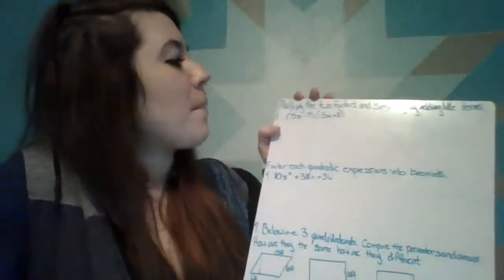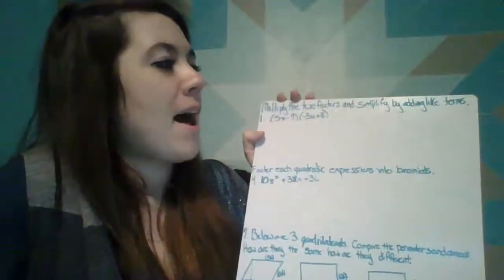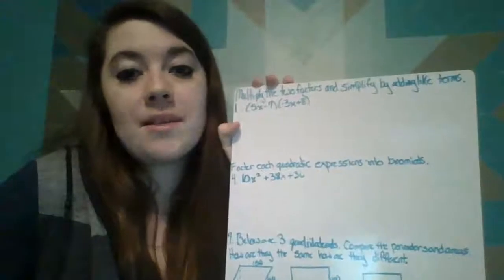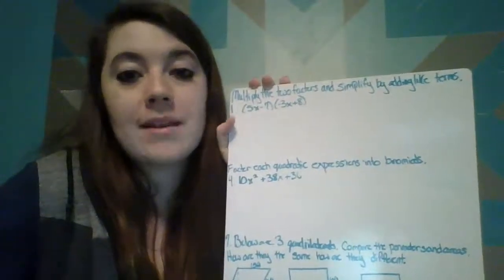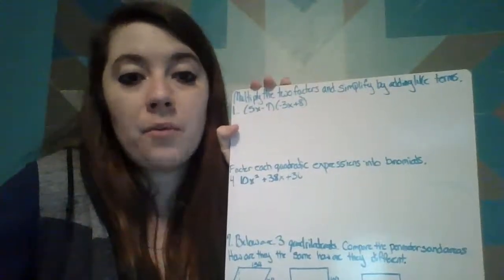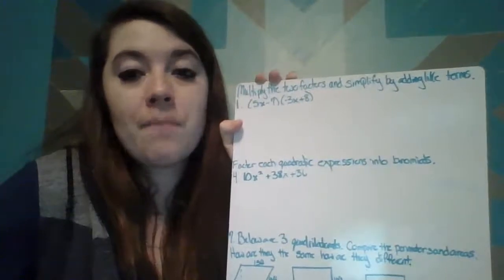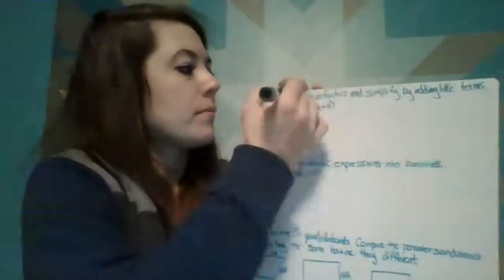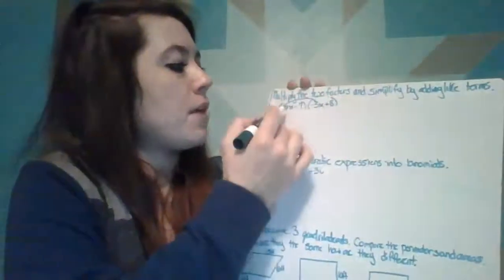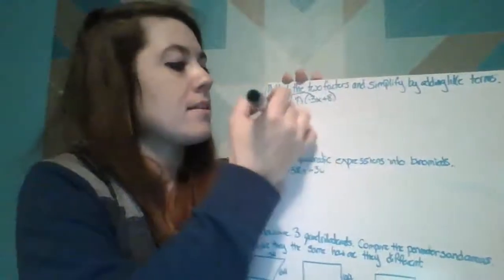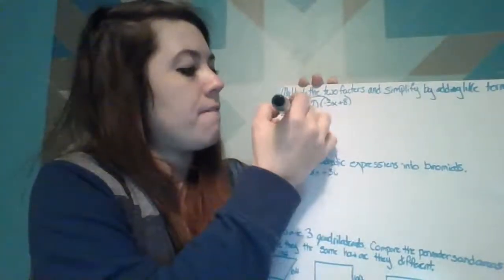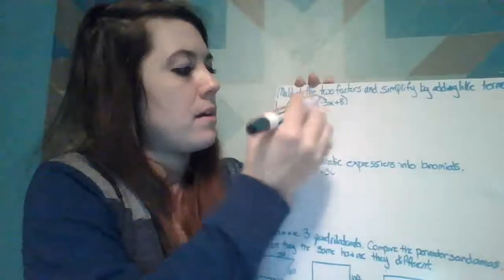Okay, so multiply the two factors and simplify by adding like terms. So this is a bit of a review from the past. We have two binomials. What are we going to do to multiply them? We FOIL. So first term, 5x times negative 3x is going to give us a negative 15x squared.